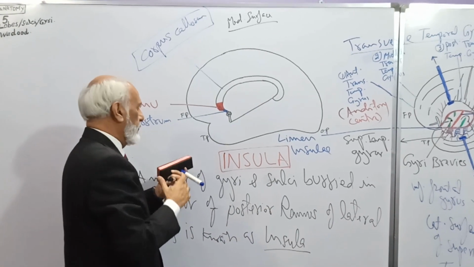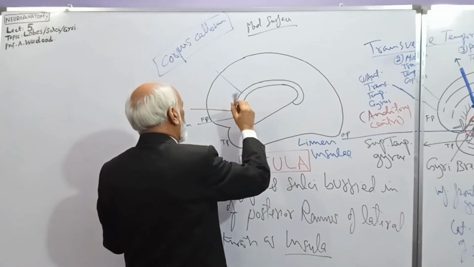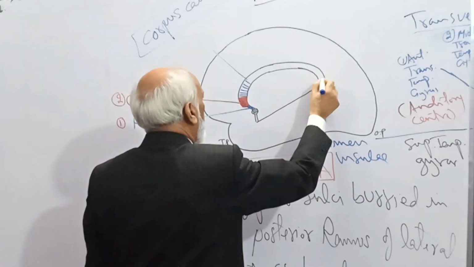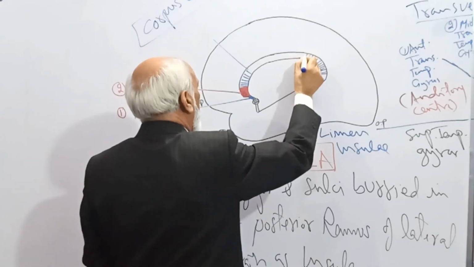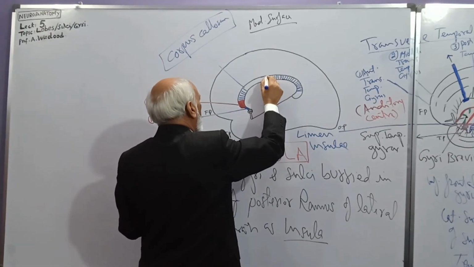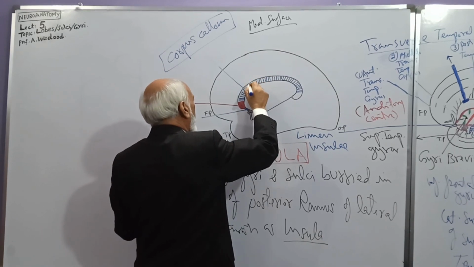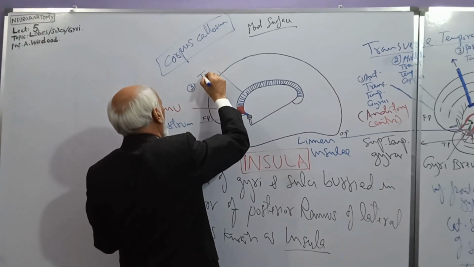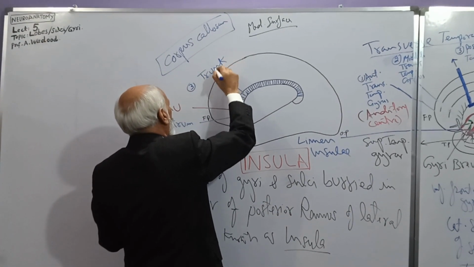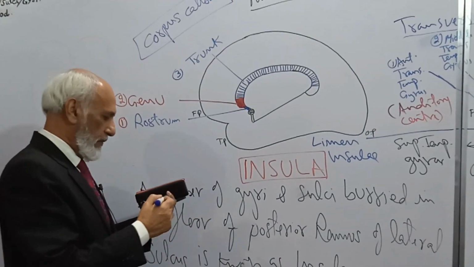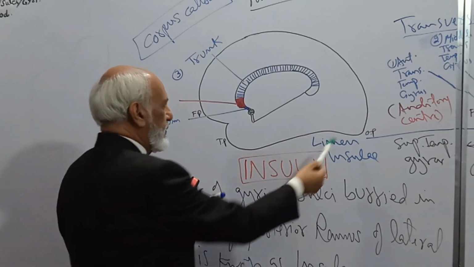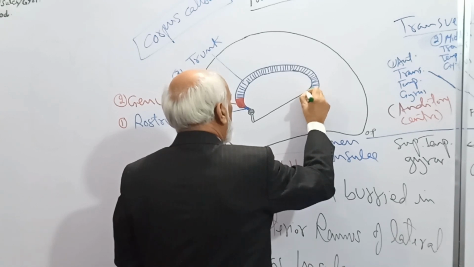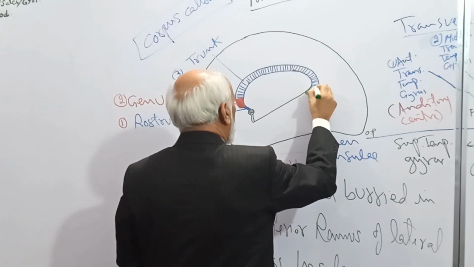Then behind the genu, this is the trunk or body of the corpus callosum. Now posteriorly, towards the occipital pole, again there is an expanded part of the corpus callosum.